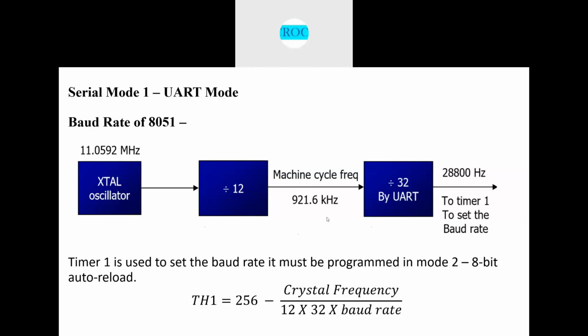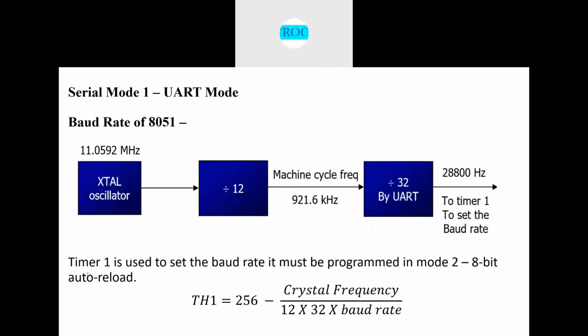This machine cycle frequency is again divided by 32 in UART mode, so we get a frequency of 28,800 hertz. This frequency is given to timer 1, and timer 1 is used to set the baud rate.